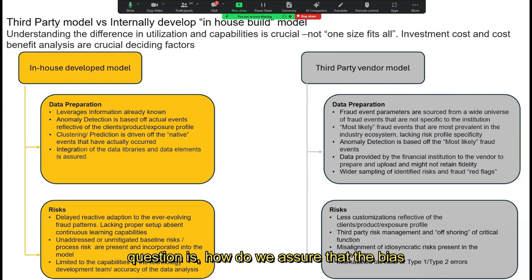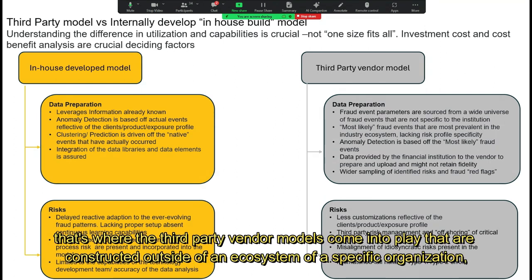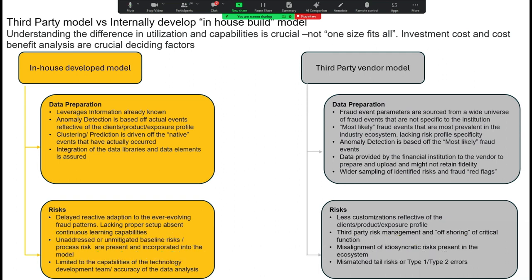So if the question is, how do we assure that the bias that might have been baked into the design of an in-house developed model isn't present in the challenger model, well, that's where the third-party vendor models come into play, which are constructed outside of the ecosystem of a specific organization.